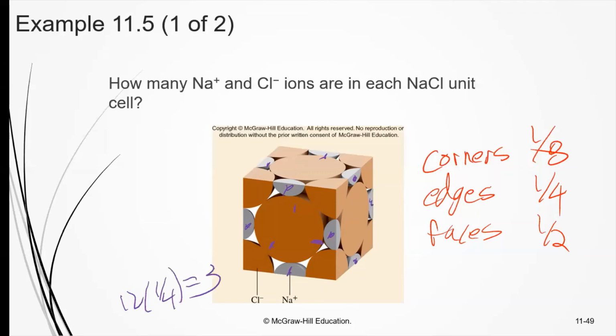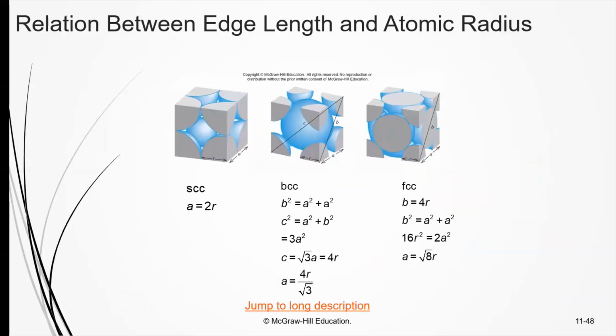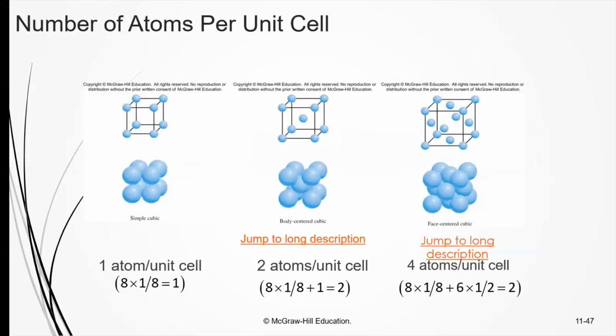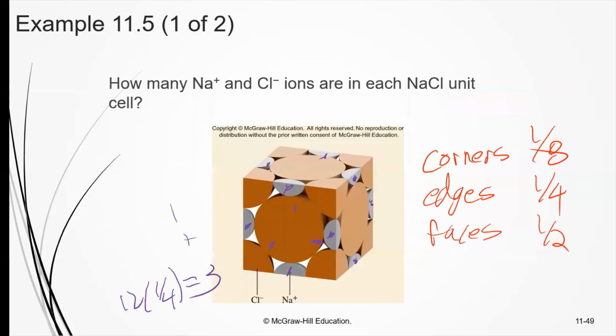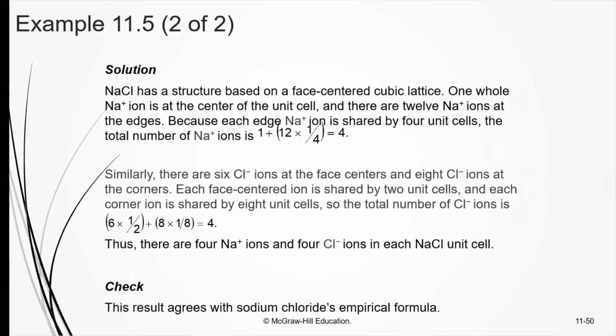And then the last part is there's going to be 1 right there in the middle because it is a body-centered. Or sorry, it is face-centered. And so if we look at our face-centered, we should have 1 right there in the middle. And so you can see now the total number of our sodium ones is 1 plus 12 times 1/4, which is 4.